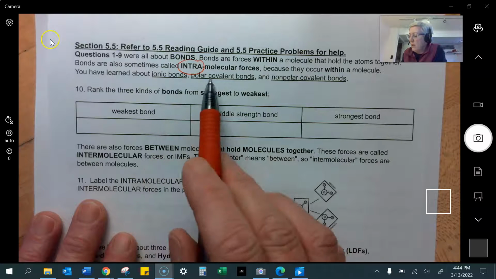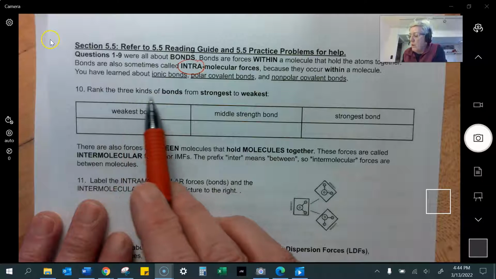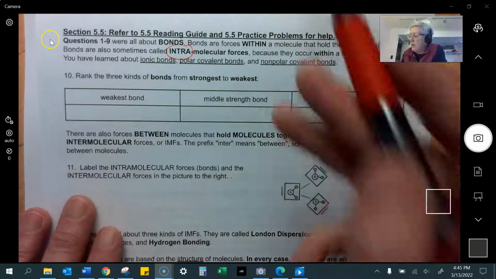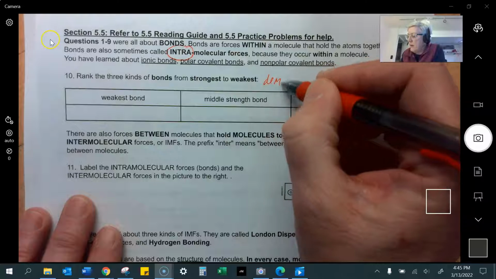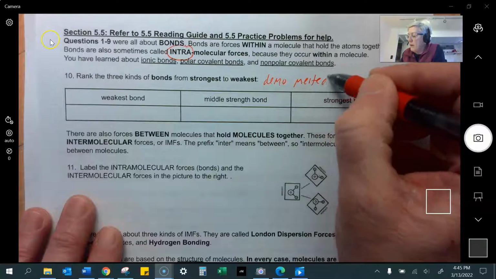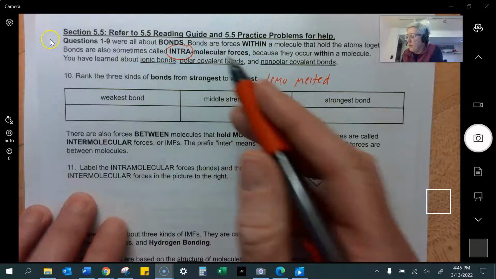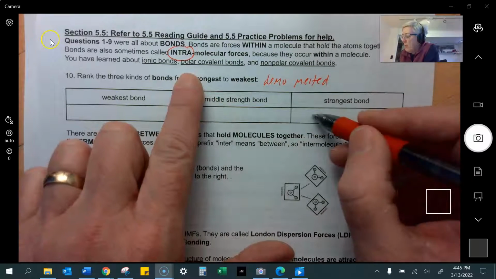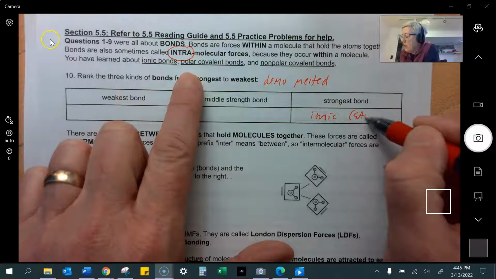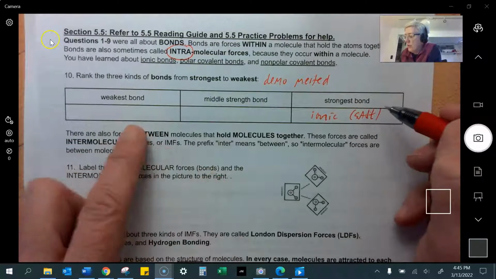You learned about ionic, polar covalent, and nonpolar covalent. Rank the 3 kinds of bonds from the strongest to the weakest. I did this demo back in section 5.1 when I melted things on the hot plate in the front of the room. The strongest of these 3 bonds is ionic. That is when I tried to melt that salt, and it never was going to melt because they're held together so tightly.